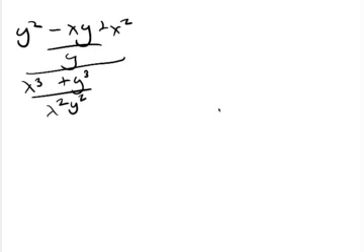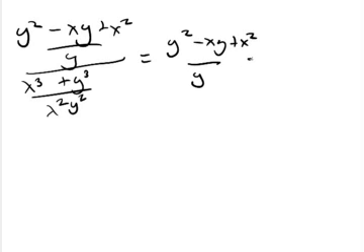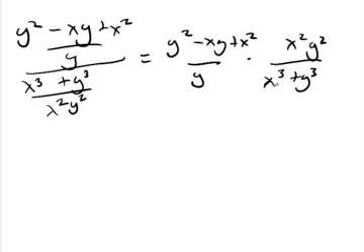This can then be rewritten as y squared minus xy plus x squared over y times x squared y squared over x to the third plus y to the third.